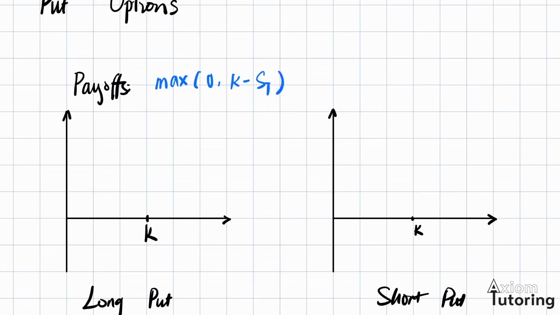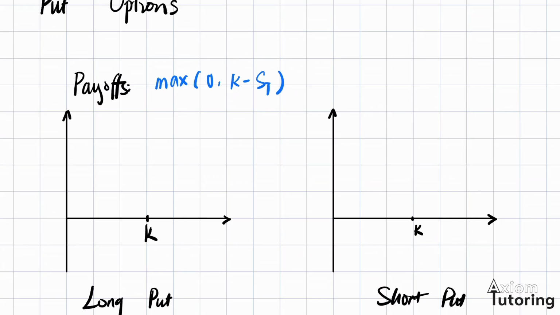Okay, and you will never exercise it if the spot price of your underlying asset ST is higher than your strike price, because you will now be selling below the market price, and hence you'll make a loss in this case. So we can express this on a diagram as well.